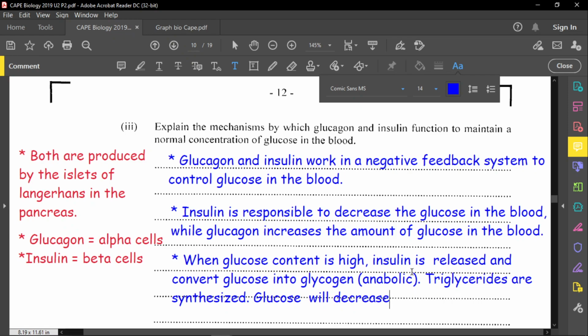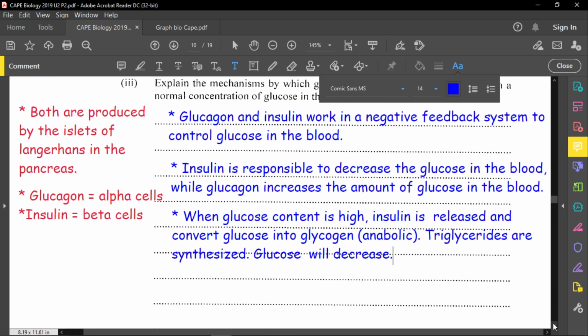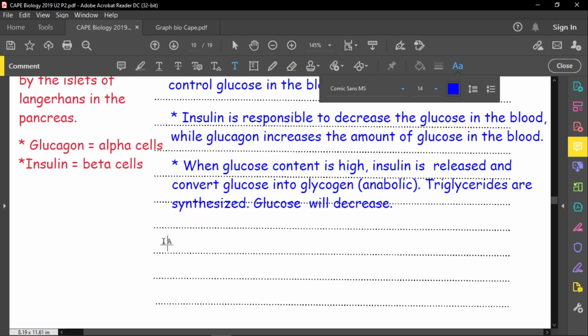Okay. All right. So the next point, let's go to the next point now and talk about when glucose is low. Okay, so here now when glucose is low, then technically the opposite would happen.